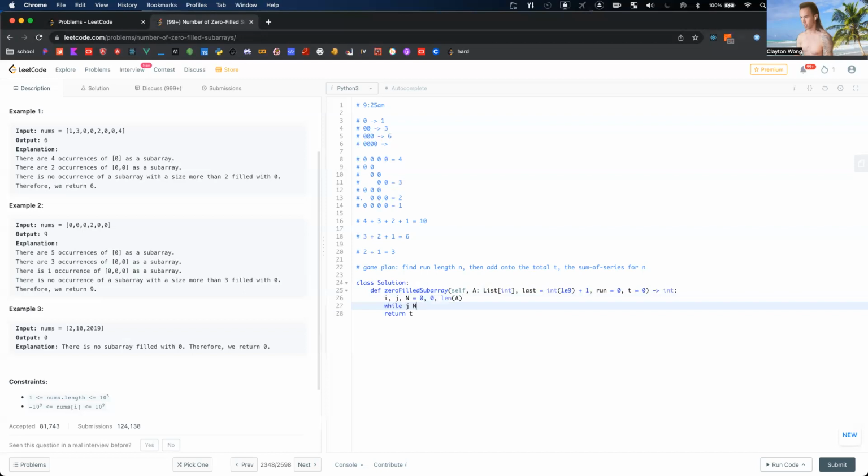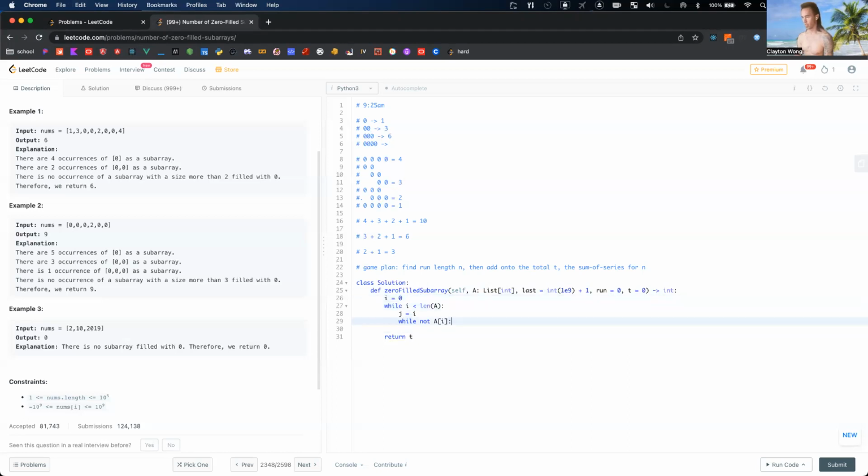While j is less than n. Or just i is less than n, right? If not a sub i, so actually, let's do this while j equals i. We're only going to use this once. Oops. Let's do this. i equals 0.